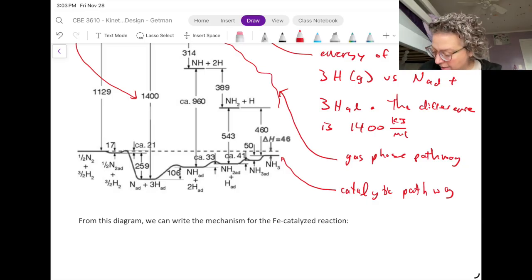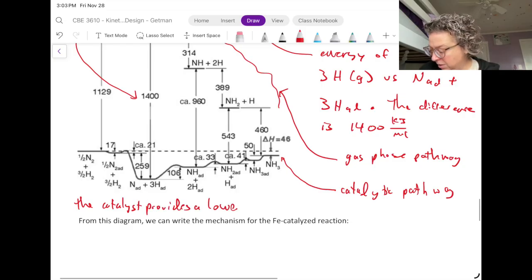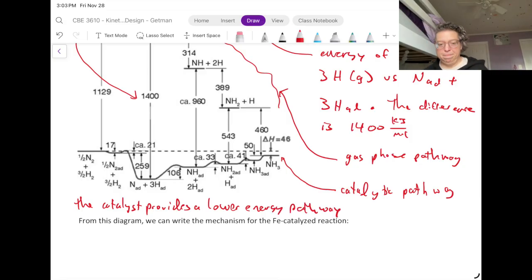So the catalyst is providing a lower energy pathway from reactants to products. That's the catalyst's job. It's making this reaction possible. Whereas in the gas phase, you'd have to put in 1,400 kilojoules per mole of energy to get that to happen. It's a lot of energy. That is like 30 times the amount of energy per mole to vaporize water.